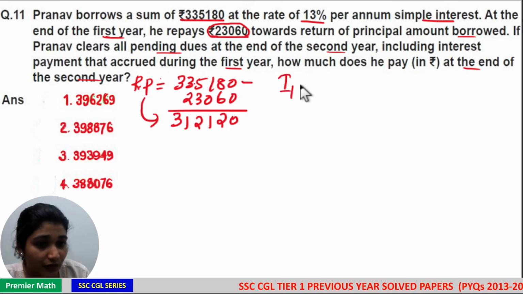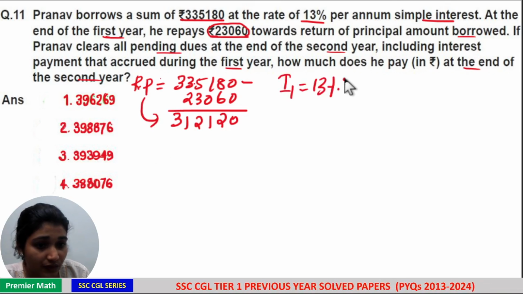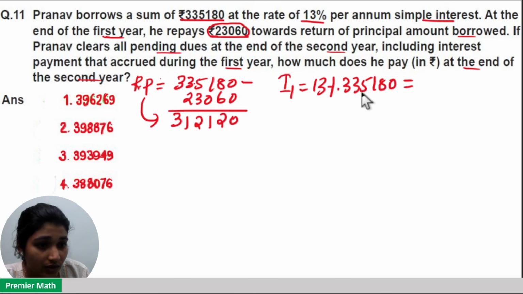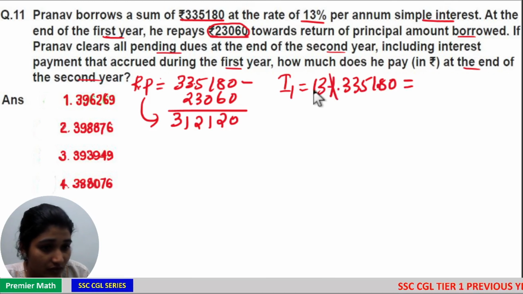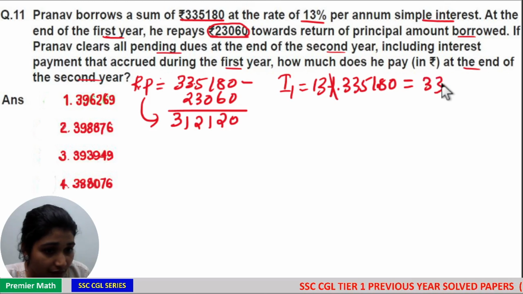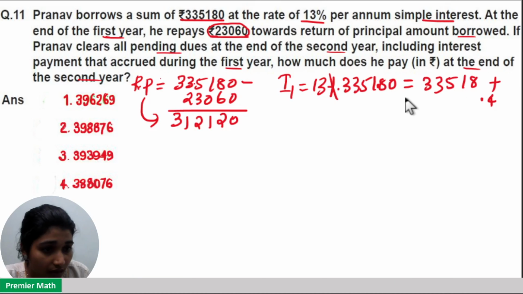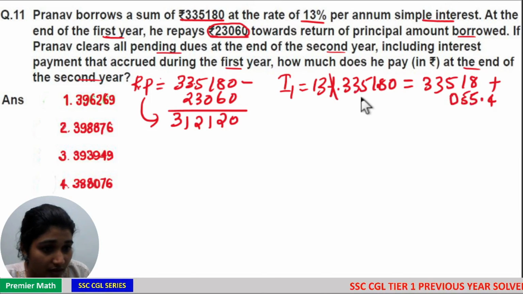Now interest for first year is equal to 13% of the principal 335,180, which is equal to, here percentage and double zero cancel. So 13 into this one means 10 into this one plus 3 into this one, which is equal to 33518 plus 3 into 8 24 and 3 into 1 plus 2 5, 3 5s are 15 and 3 3s are 9 plus 1 10, again 3 3s are 9 plus 1 10.